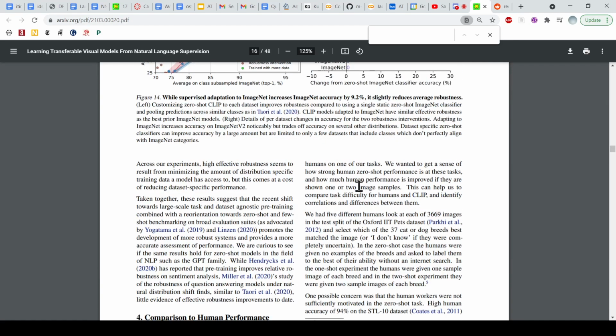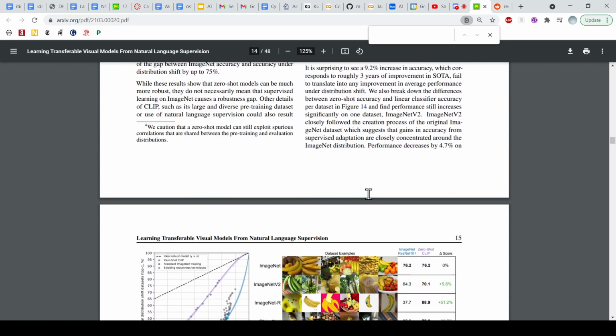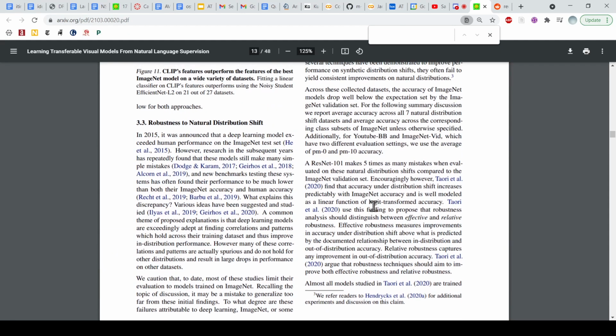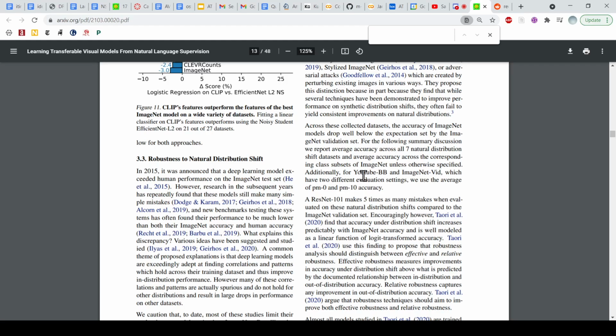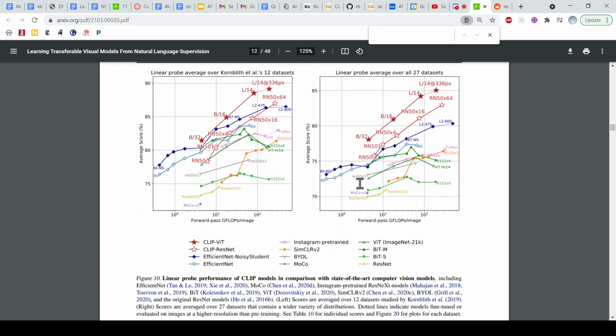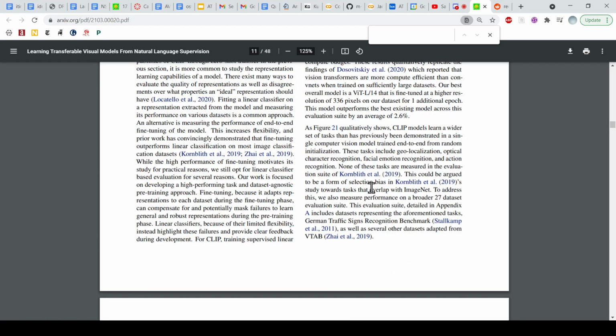Let's see. I need to find, my computer's lagging a bit, but I need to find the data set title because I think it's important to talk about the data as well. Let's see. I remember reading it today. It's somewhere around this area. I just don't remember which page.